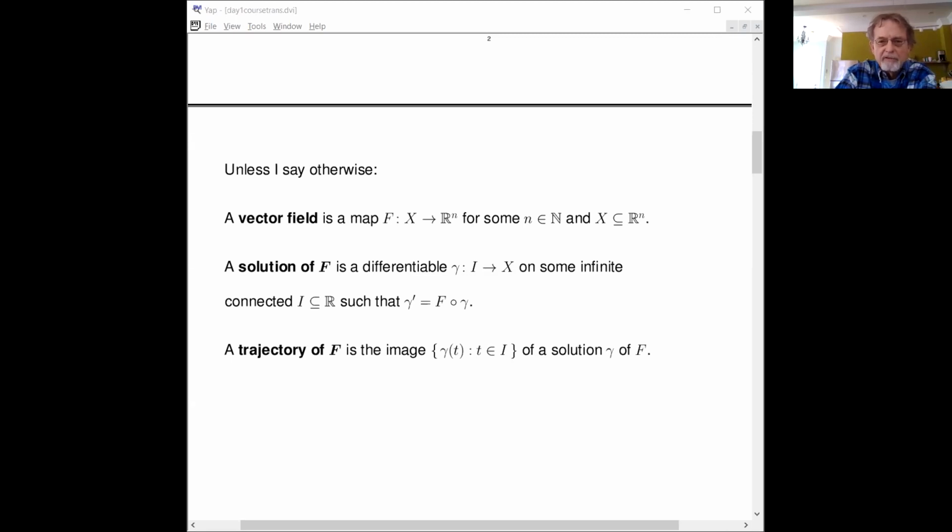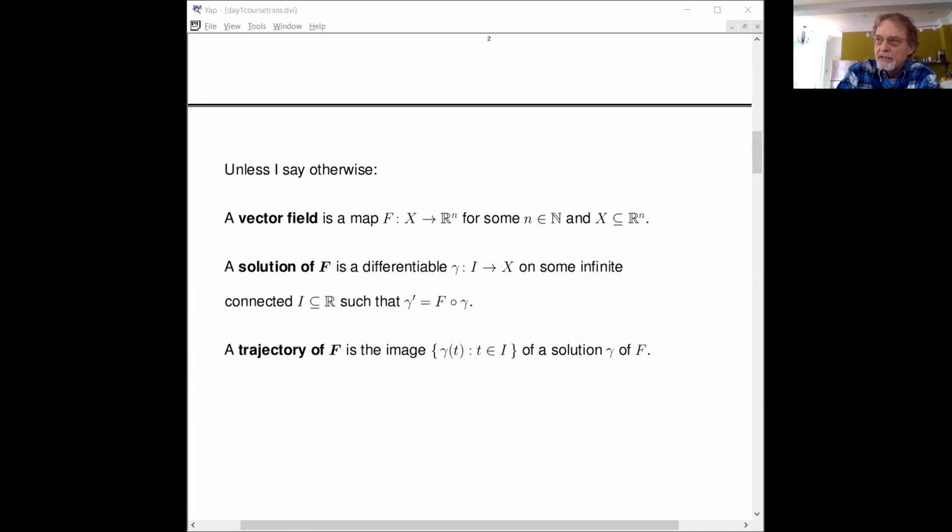A solution of F is just a differentiable curve, or arc if you like, on some infinite connected interval. That means it's an interval of some sort, except it's not a point. And we want it to satisfy the usual kind of differential equation here. And my use of the word trajectory is going to be the image of a solution.